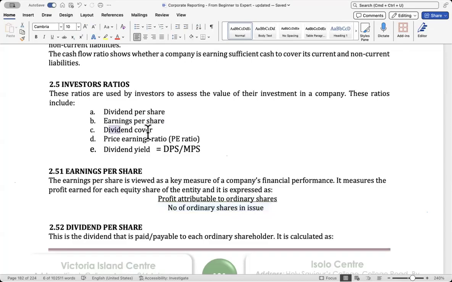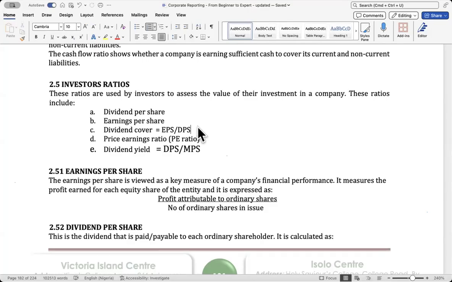And there's dividend cover, which is how many times your earnings can pay your dividend. You see them writing this as EPS over DPS, dividend cover. And there's dividend payout ratio, which is the proportion of your earnings that is paid out as dividend, which is the reciprocal of dividend cover, DPS over EPS.